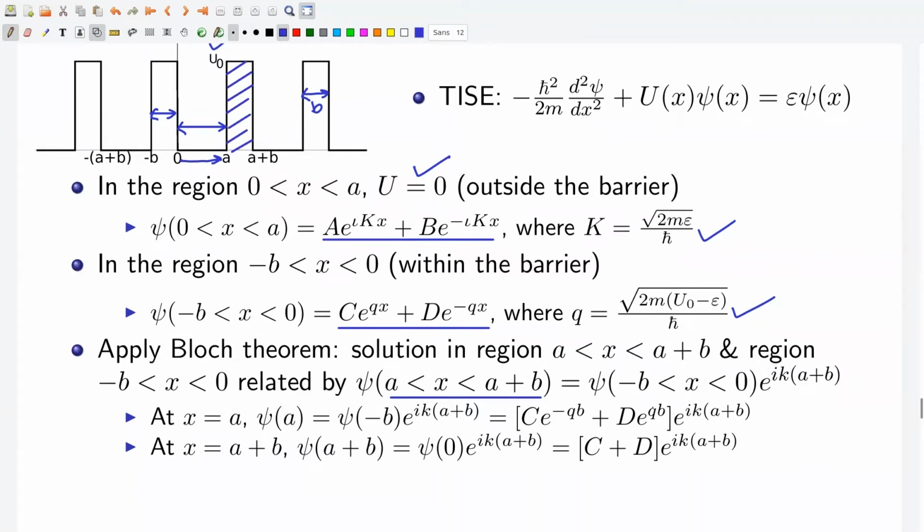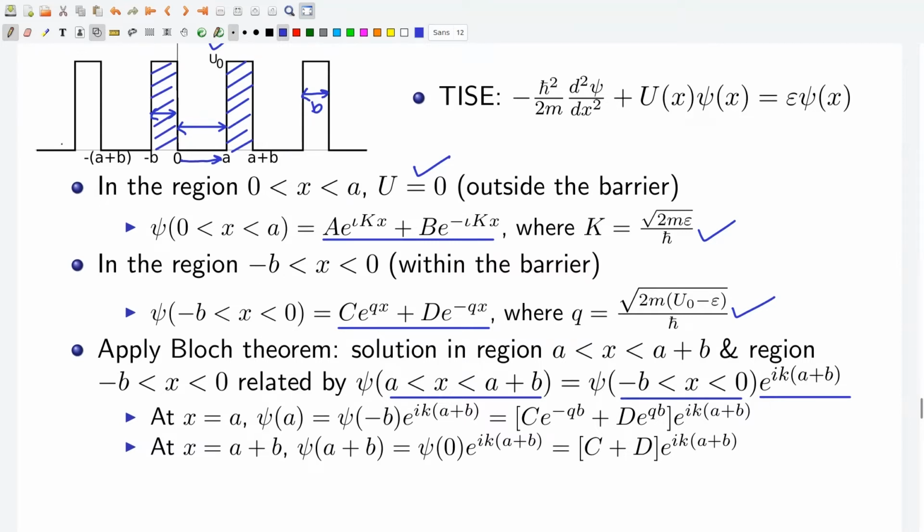This has to be related to the solution between minus b and 0, that is this region. They are related because of the periodic potential, and they are related by this phase factor e power ik(a plus b).